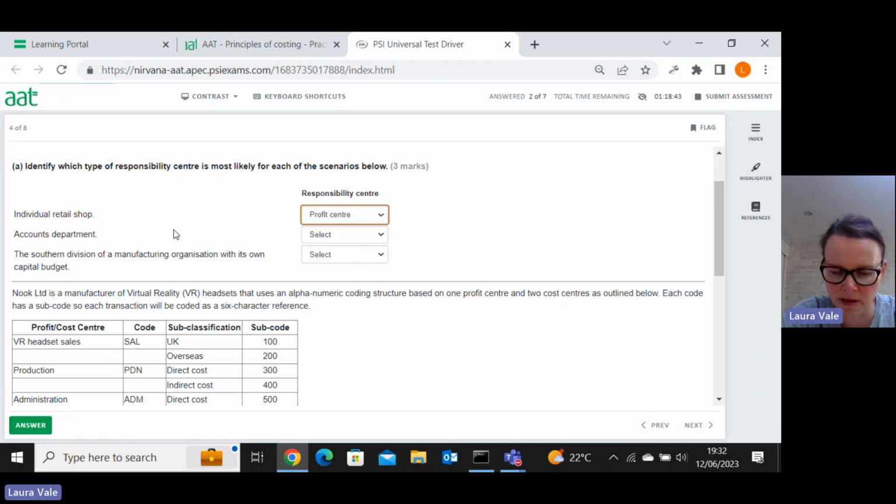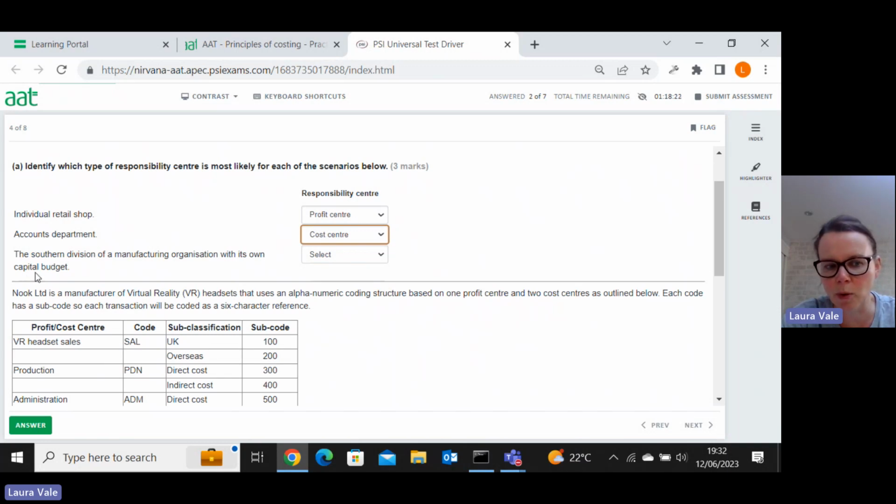So let's go on and make sure we remain happy with that. An accounts department, well, they're not actually selling anything, so that one's fairly straightforward: it's a cost centre. Then we've got the Southern Division of a manufacturing organisation with its own capital budget.